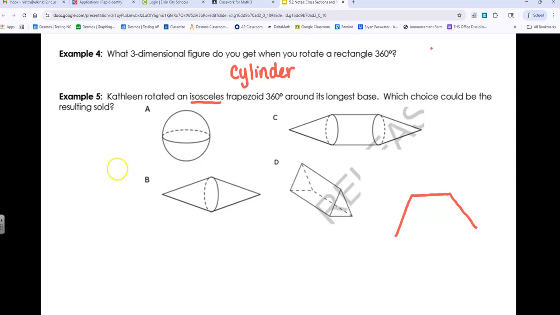It would look like this. This side would be equal to this side. That would make it isosceles. We're rotating it 360 degrees around its biggest base. So we're spinning it around that way. What are we going to get? It's going to be C, right there.